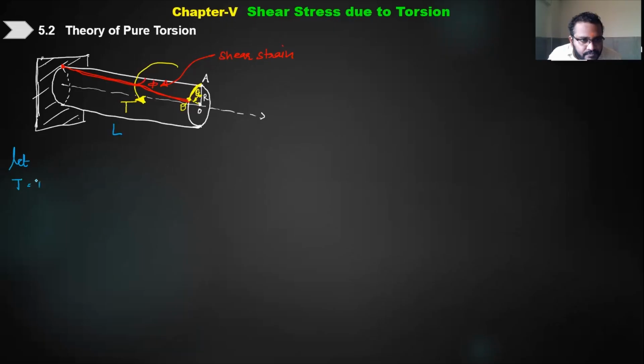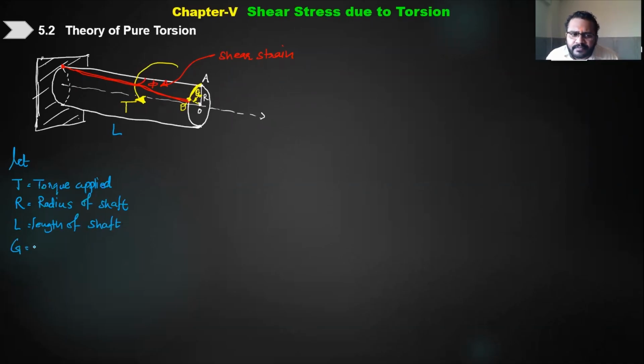T is the torque applied, R is the radius of the shaft or bar, L is the length of this shaft. Let us assume G, capital G. What does capital G stand for?